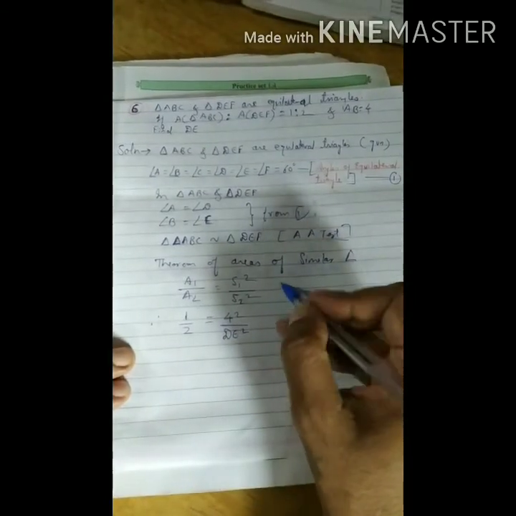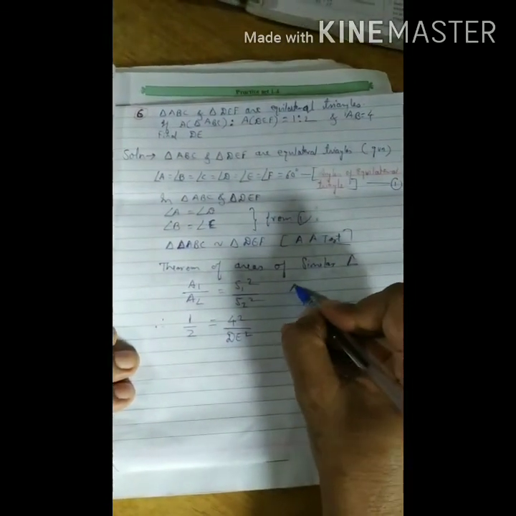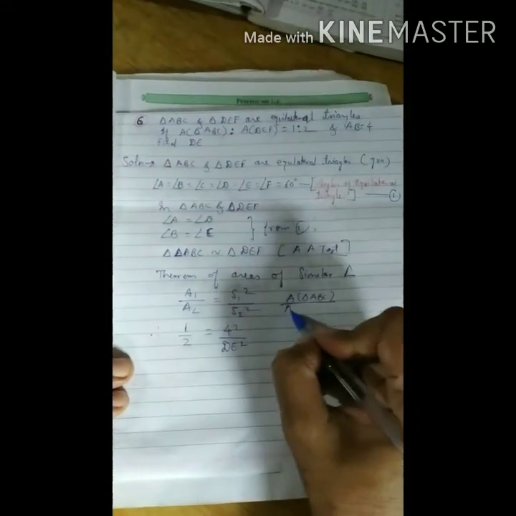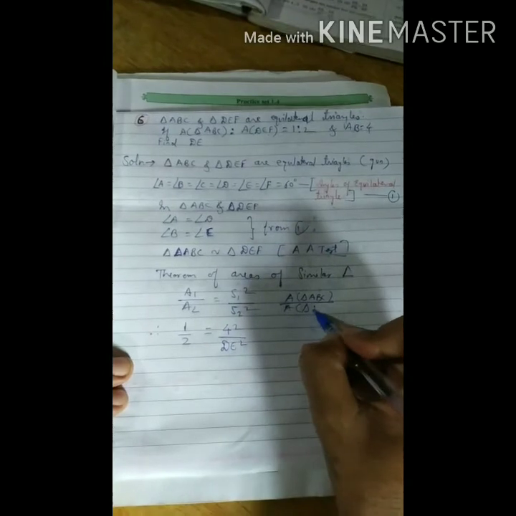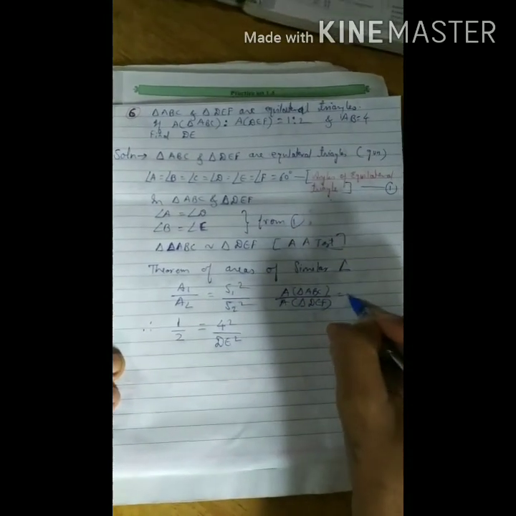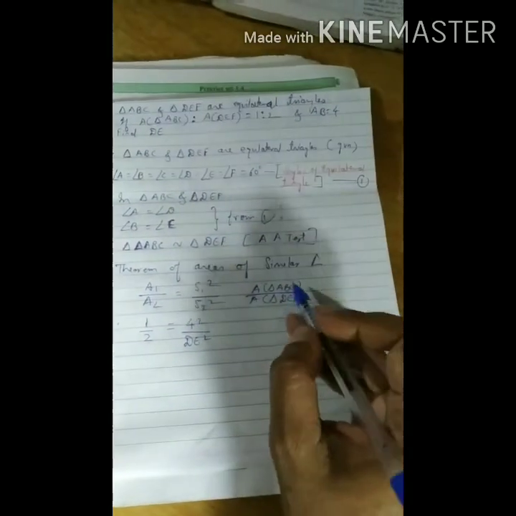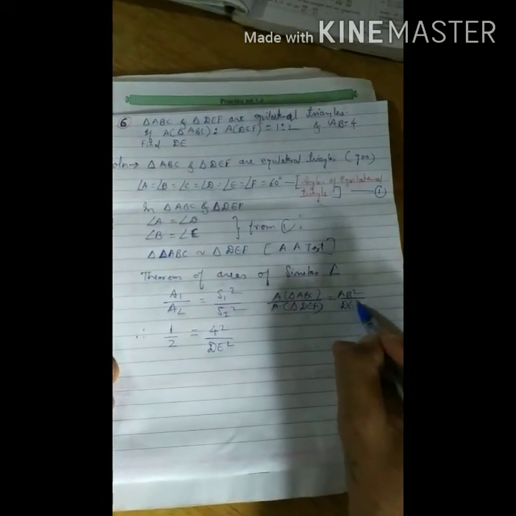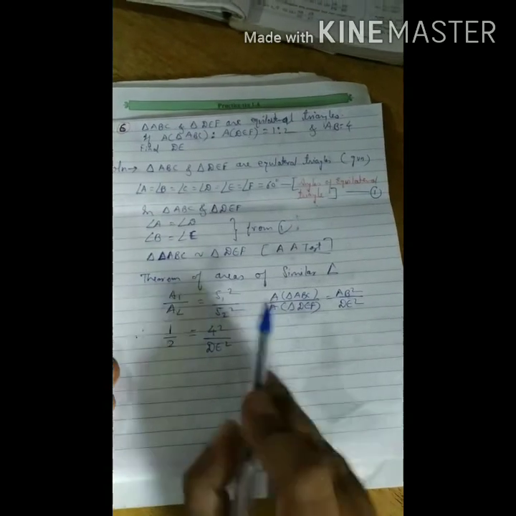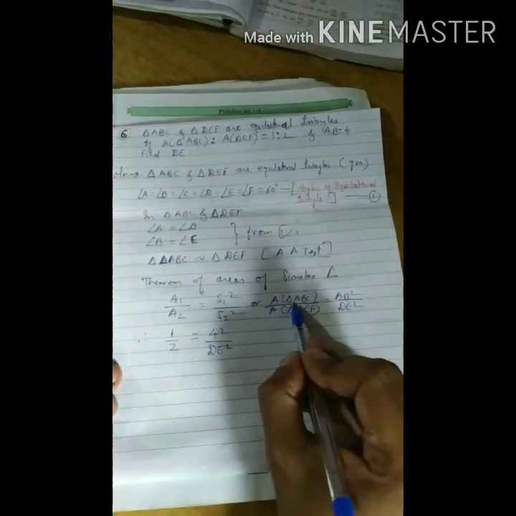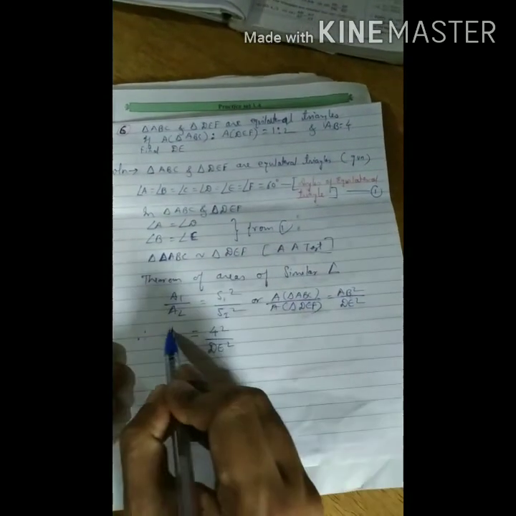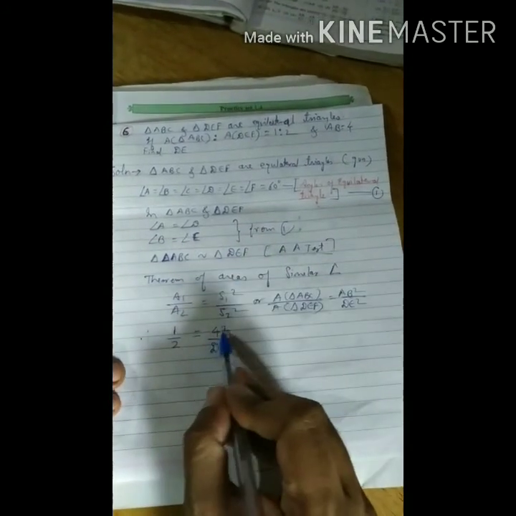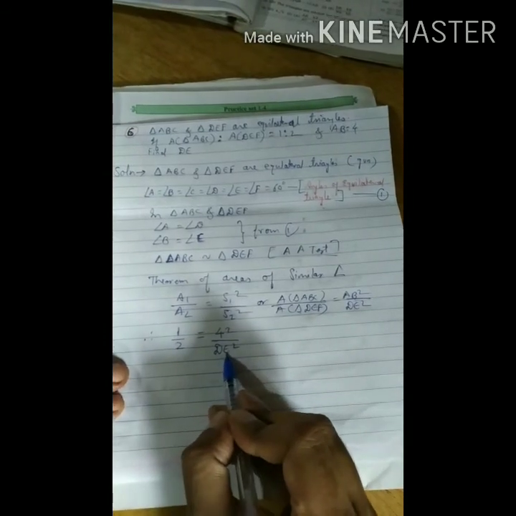Or you can also write here, if you want, area of triangle ABC upon area of triangle DEF is equal to, as AB is given, AB square upon DE square. So ABC upon DEF is 1/2, ratio is given, is equal to AB is given 4, so AB square upon DE square we have to find out.